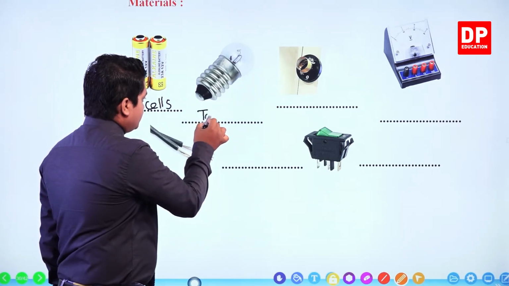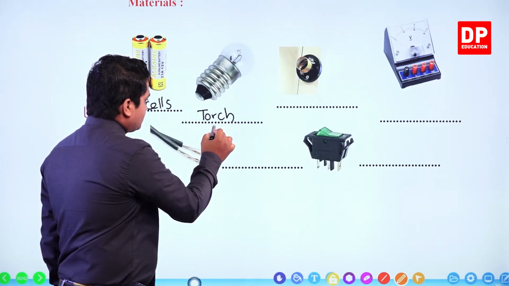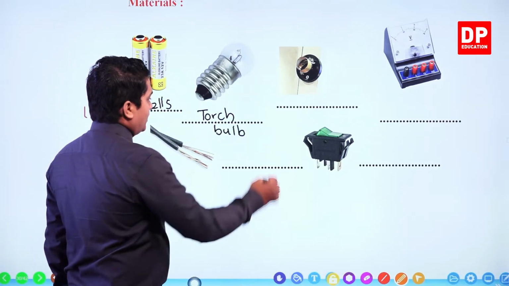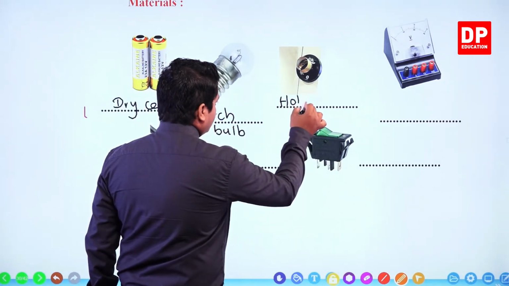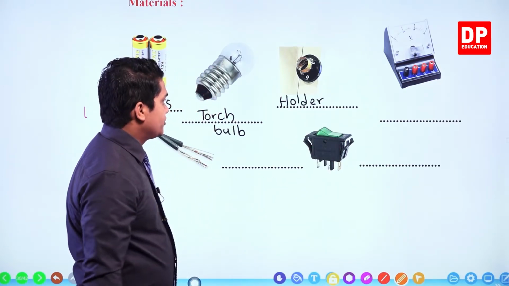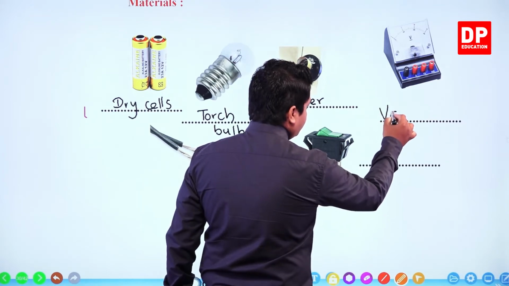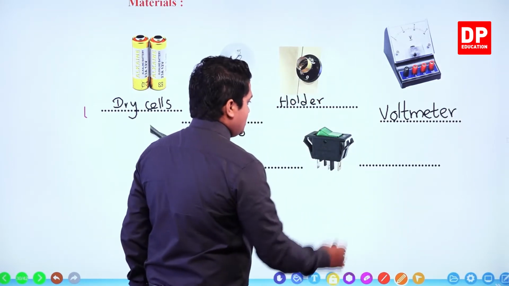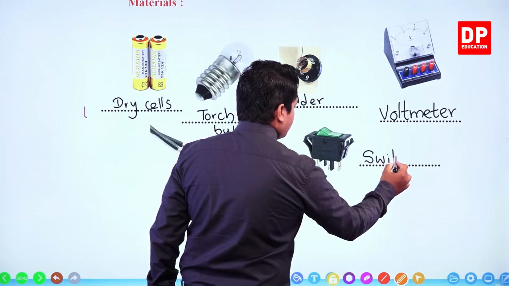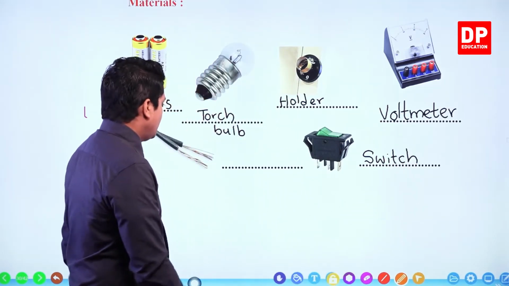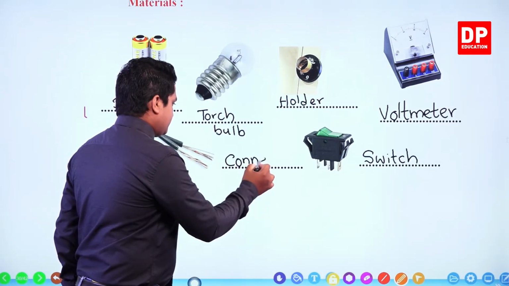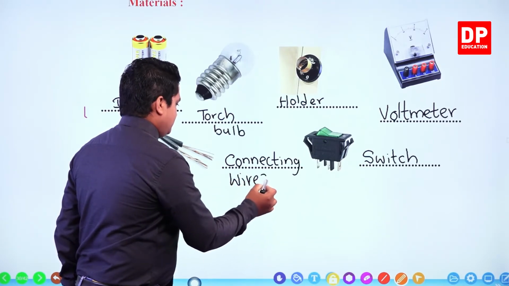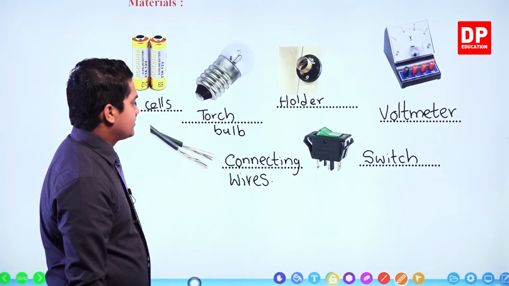Then a torch bulb, then a holder to hold the torch bulb, a voltmeter, a switch, and connecting wires.